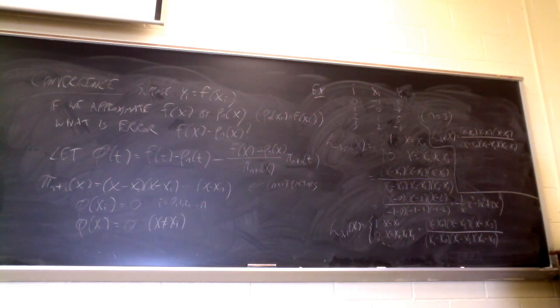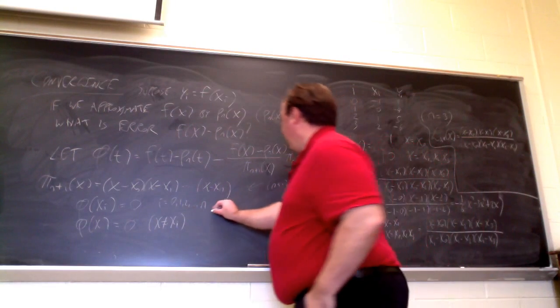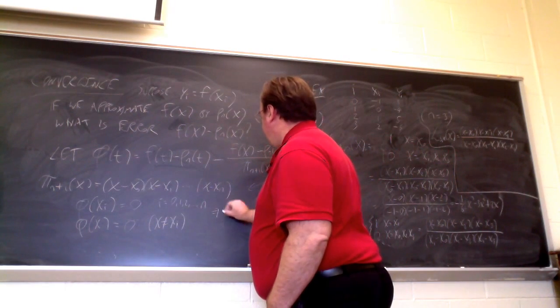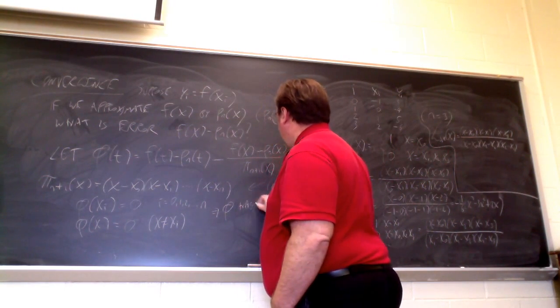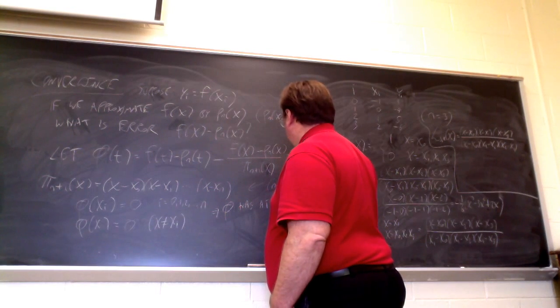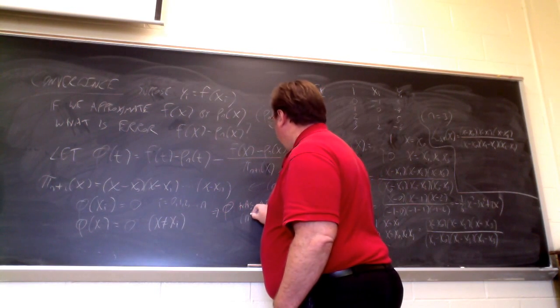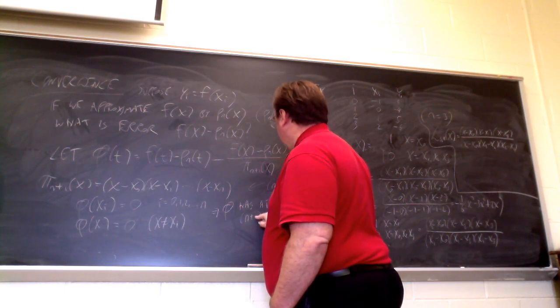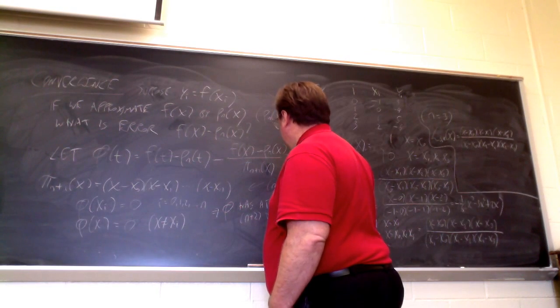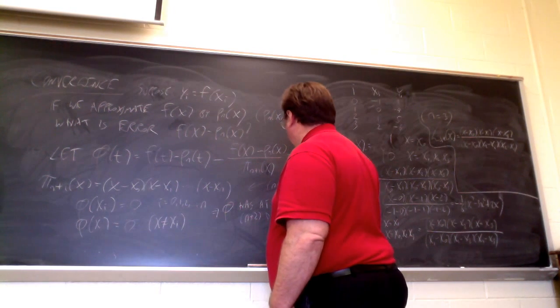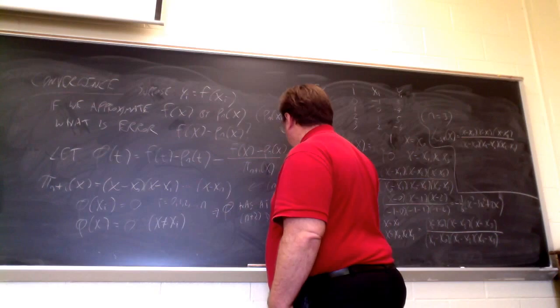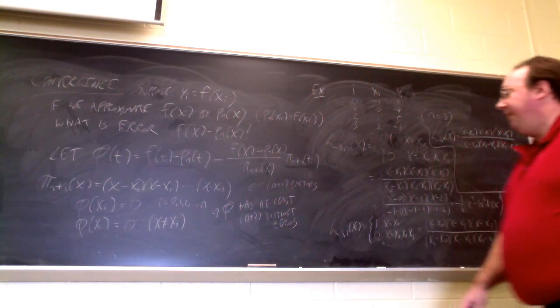Okay, so what this means is phi has at least n plus 2 distinct zeros.